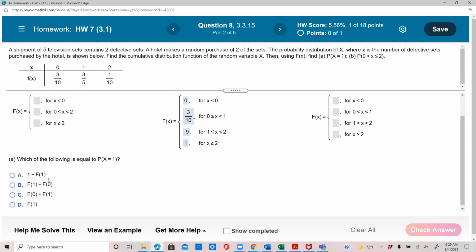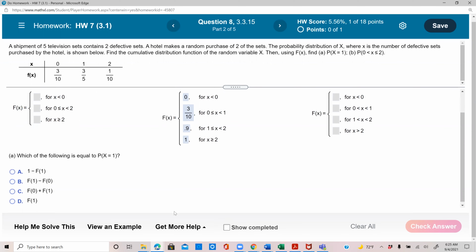And now, which of the following is equal to probability x is equal to 1? So at x is equal to 1, we can directly see that it's 0.6. But they want it in terms of the big F. So F of 1 gives us everything up to 1. So that's not true. So let's see.